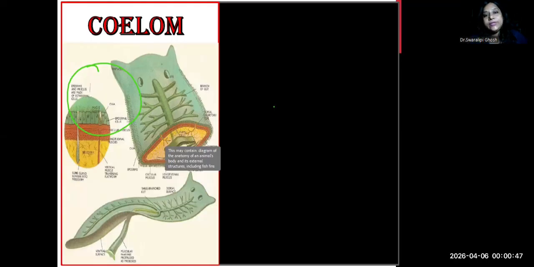Now, can you tell me what other examples of flatworm you have? Okay, yes, you tell me. I'll tell you. We have the Taenia solium, that is the tapeworm, and we have the Taenia saginata. Taenia solium is the pork tapeworm, and the Taenia saginata is the beef tapeworm. If we consume pork meat and it is not cooked very well, then we can get contaminated.